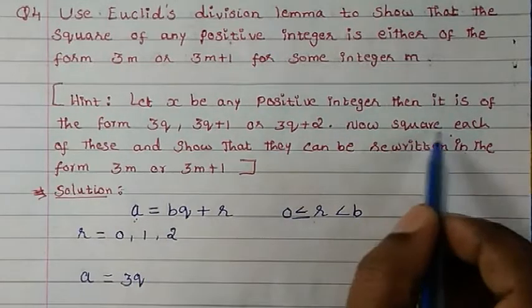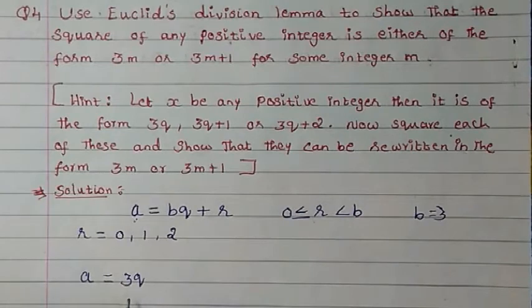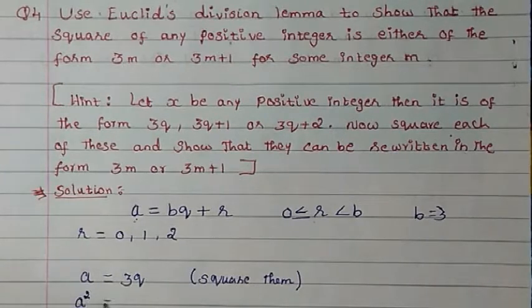Next step, we have to square them. So what we'll get? a square equal to 3q whole square, so 3 square will be 9q square.